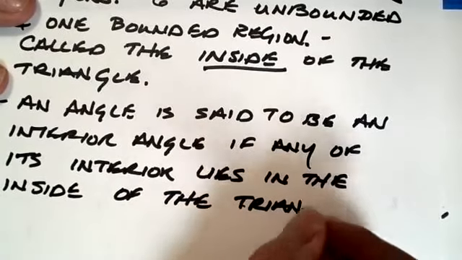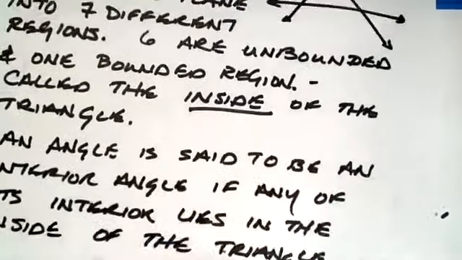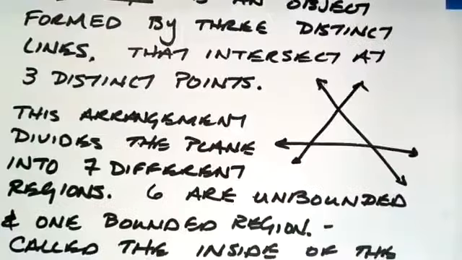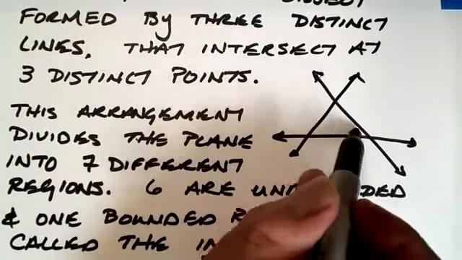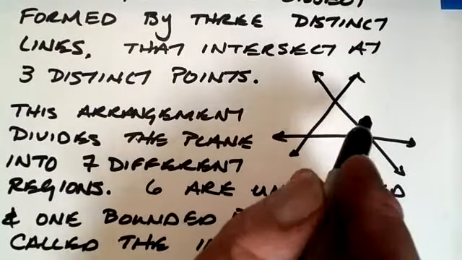This all just sounds like I'm kind of defining things with the same words. So what's the inside of the triangle? The inside of the triangle is this area that's contained inside these line segments.